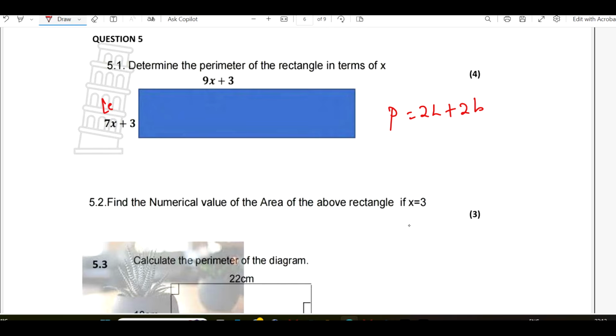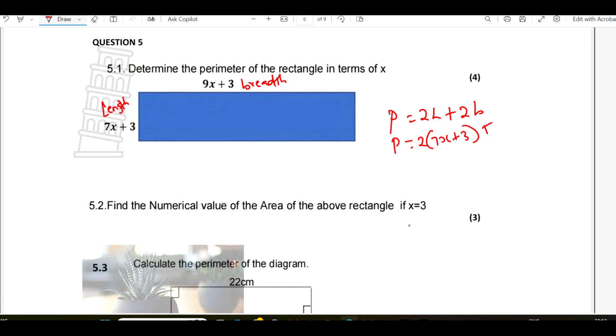This is the length, and then this is the breadth. So perimeter is going to be 2 times L, which is 7x plus 3, plus 2 times B, which is 9x plus 3.